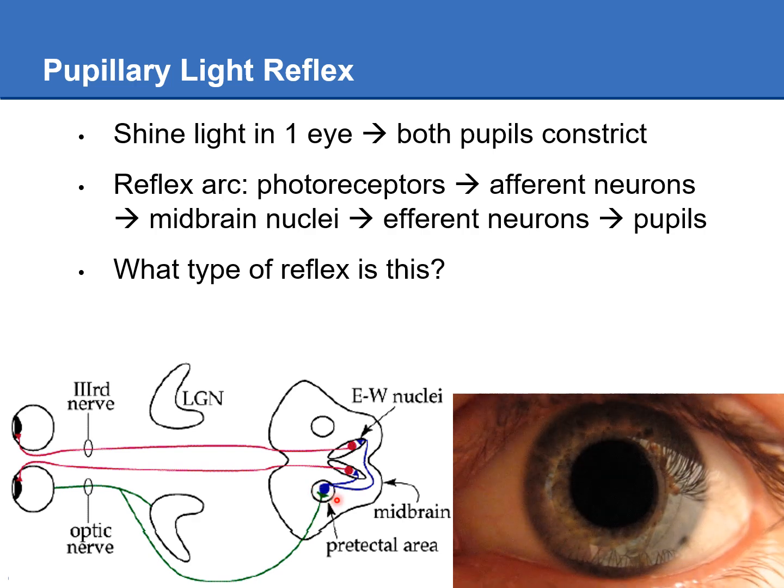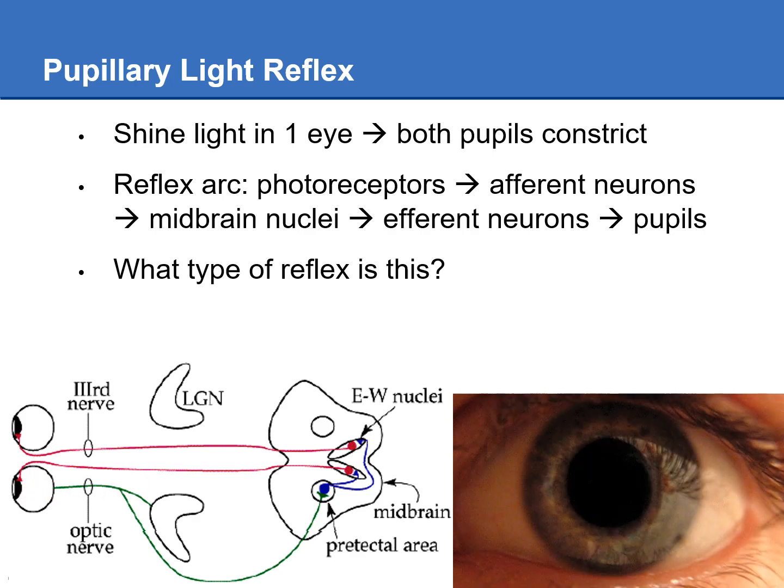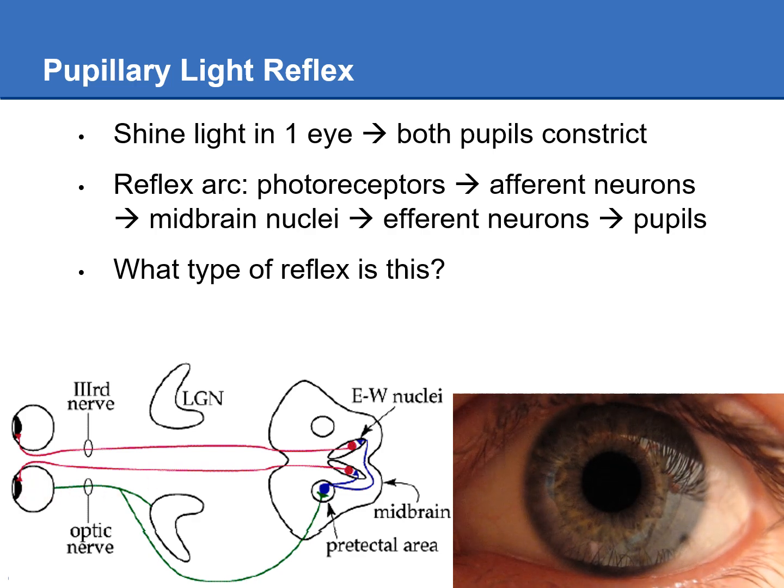Okay, and then we're going to synapse a second time here with another cranial nerve that's going to go and innervate the smooth muscle that's in your iris, and we'll tell the iris to constrict because you've got too much light coming into the pupil, and it says, oh, we need to constrict and not let as much light in.